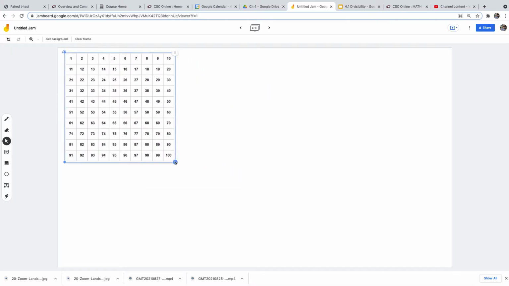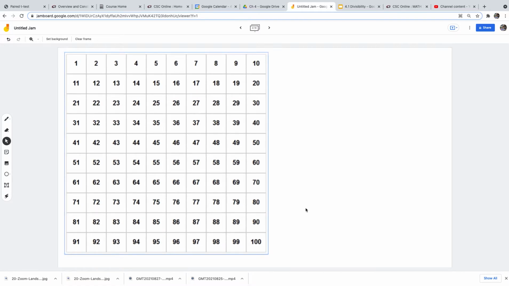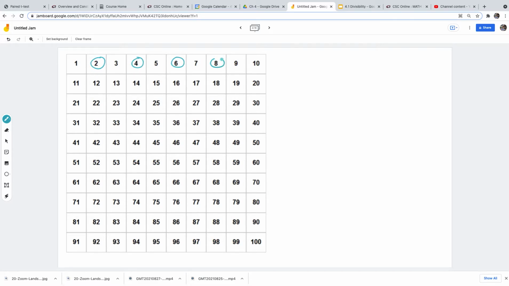Okay, let me make it bigger. So we know all the divisible numbers by 2. Let me mark it with green. Is it blue? Blue. Okay, 2, 4, 6, 8, 10, 12, 14, 16, 18, 20.